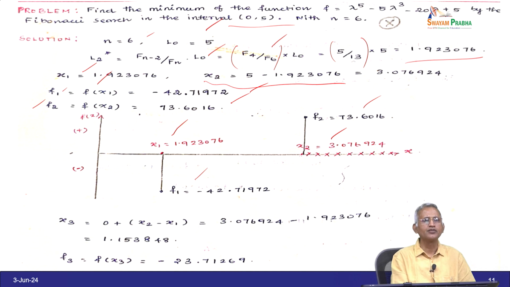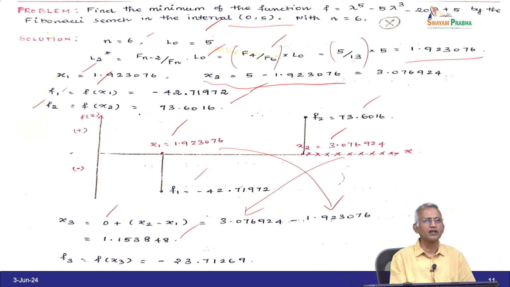Now, compare these two. The rule is initially we start with 0 because the interval is 0 to 5, so x3 equals 0 plus x2 minus x1, the difference. So, x2 is 3.076924 and x1 is this value, subtract it, so that 1.153848 will come.